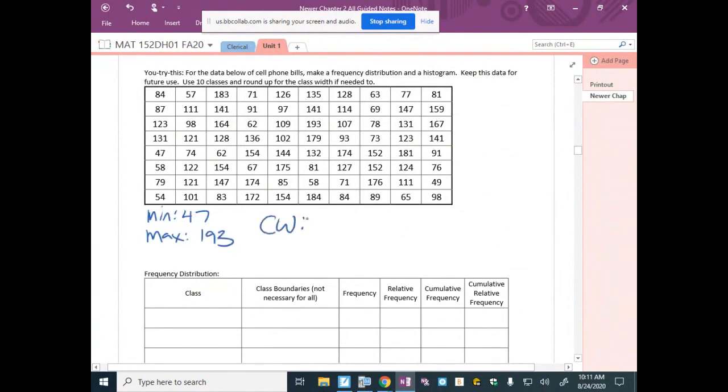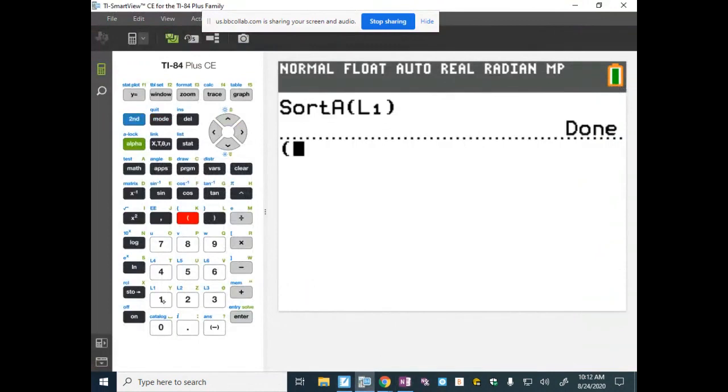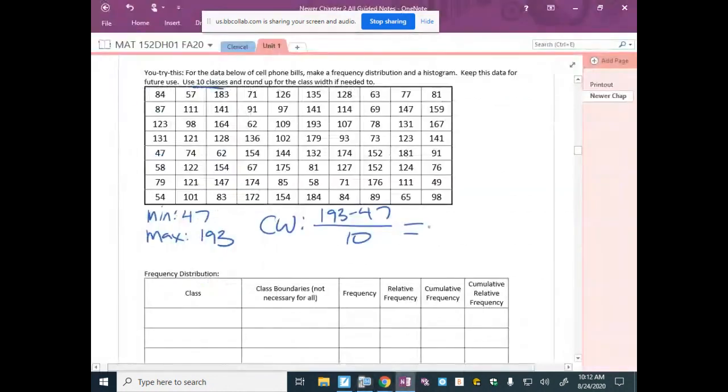So for the class width, we're going to do 10 classes. And let's see, we get 14.6. So what would we actually want to use for our class width?